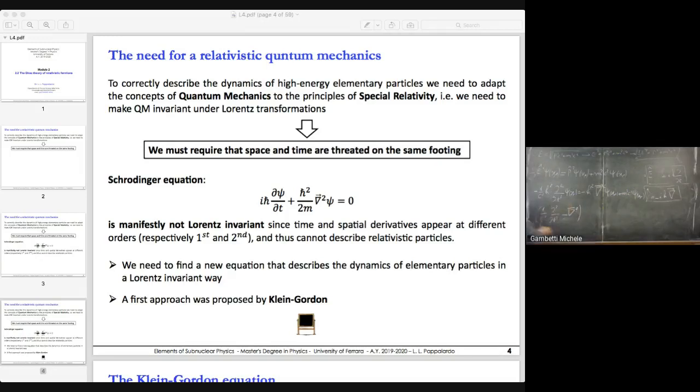So this is our full differential operator acting on the Lorentz invariant wave function, plus m squared c squared over h bar squared psi of x mu equals 0. And this is the famous Klein-Gordon equation.